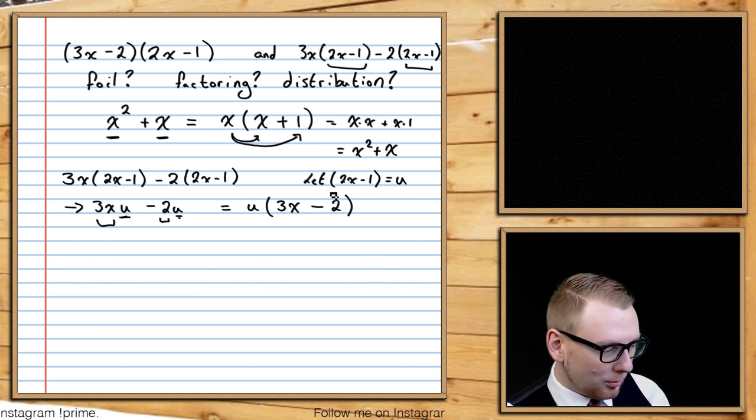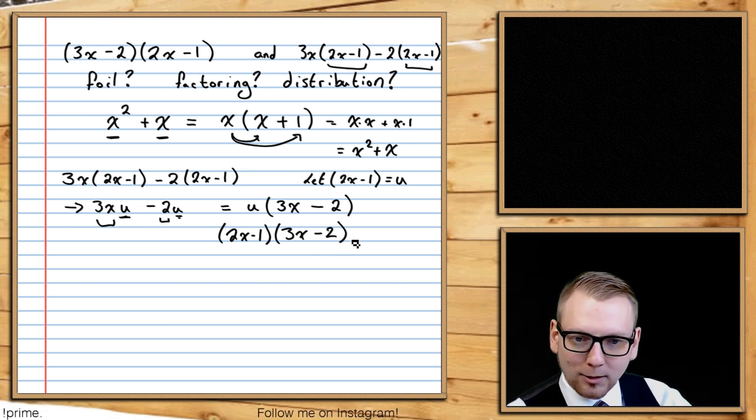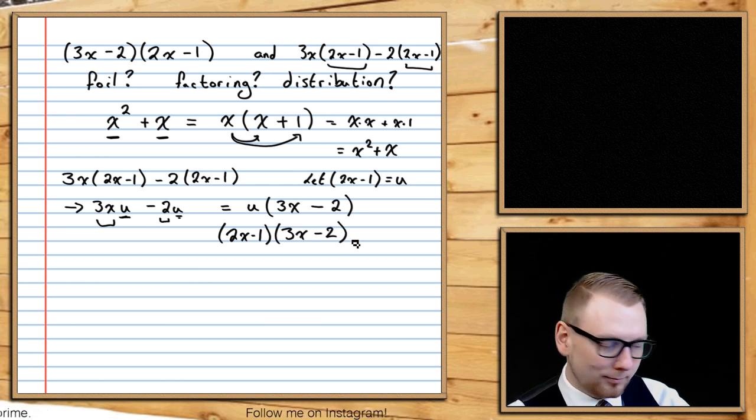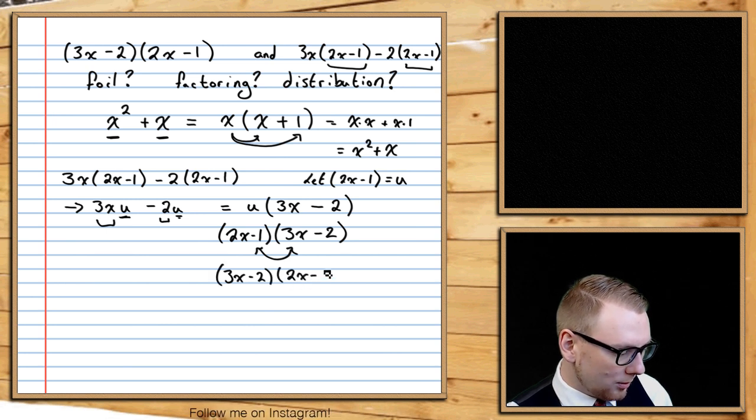So if I just replace u with 2x minus 1, we're back. And it doesn't matter which order, because a number times a number can be replaced. So 3x minus 2 on the left is the same as 2x minus 1 on the right.